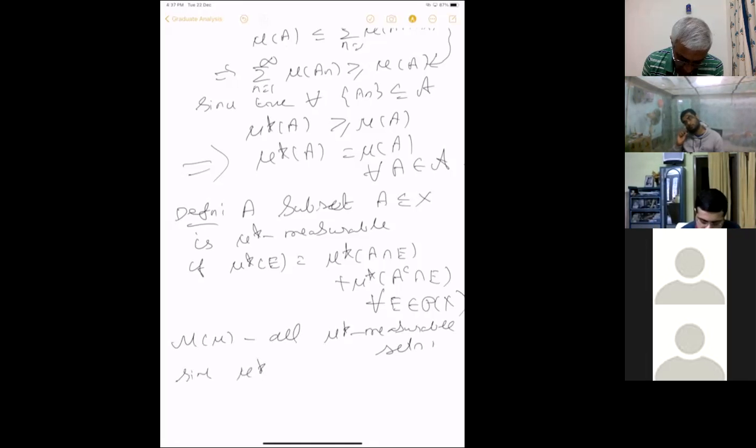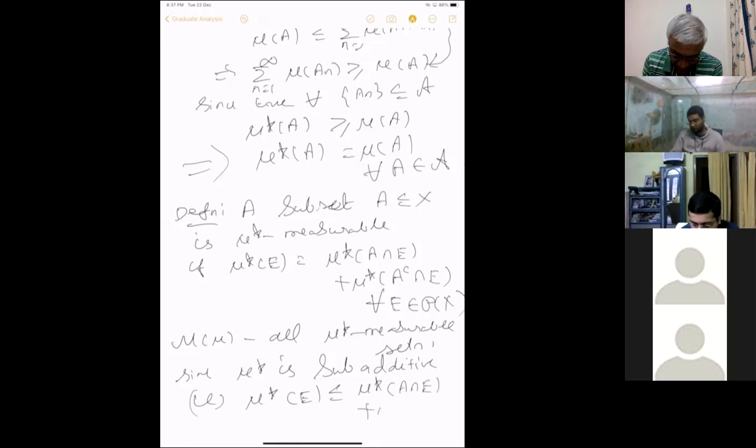Since mu star is subadditive, which we have already proved, you know that the set E is equal to A intersection E union A complement intersection E, and mu star E is less than or equal to the sum of the mu star of these two.